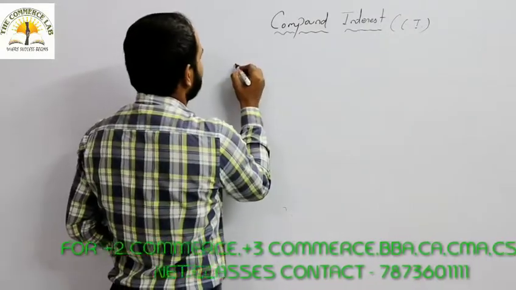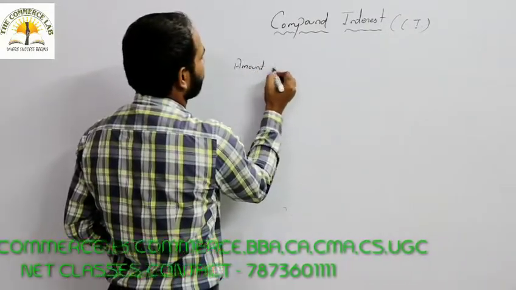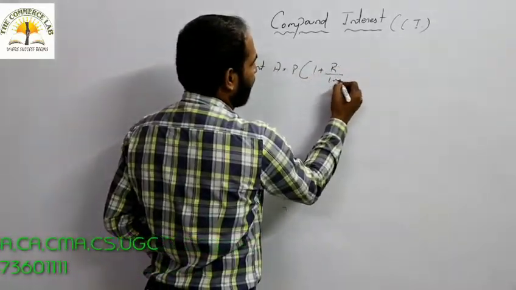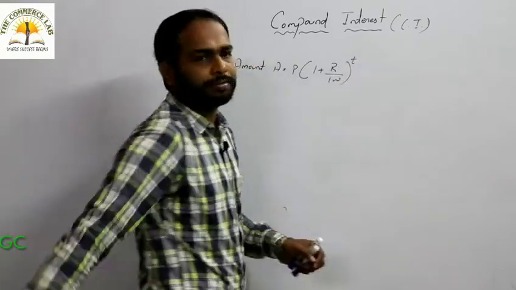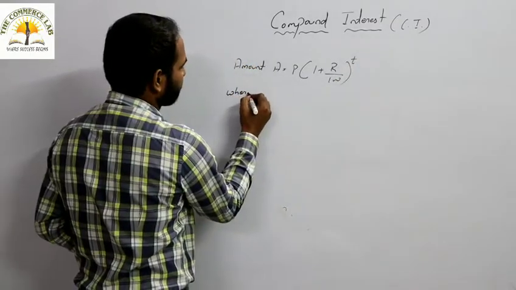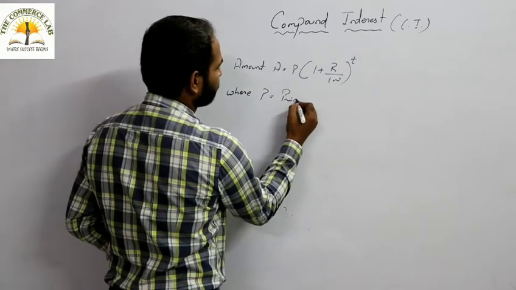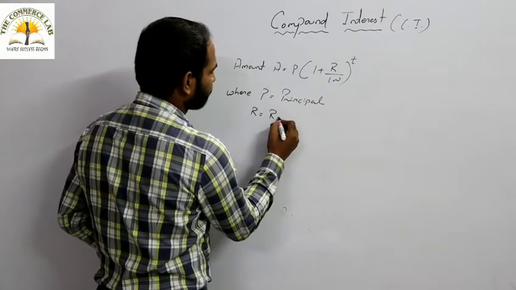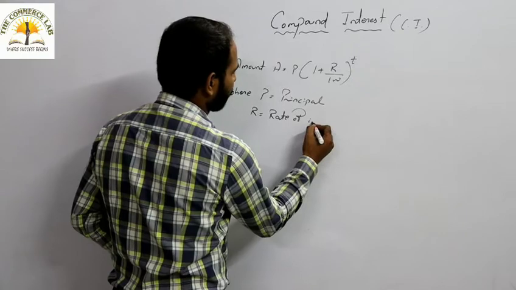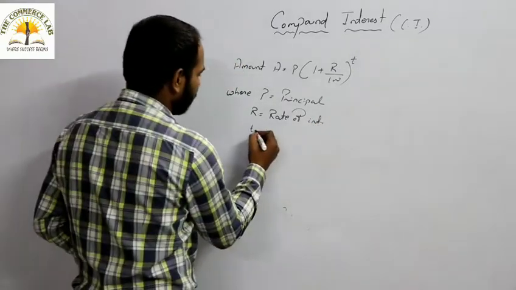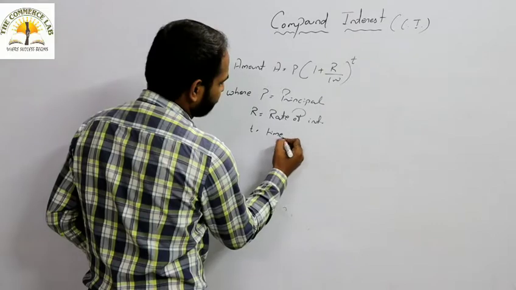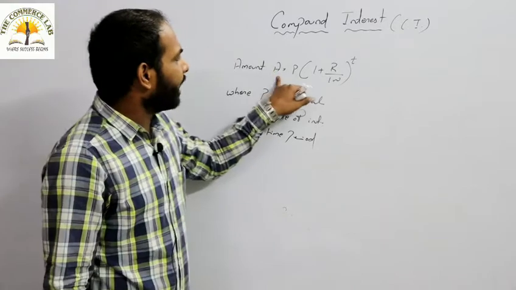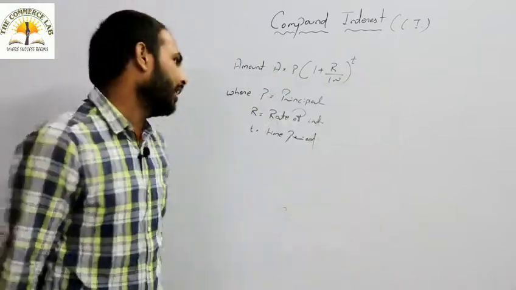In CI, amount A equal to P into 1 plus R by 100 to the power T, where P equal to principal, R equal to rate of interest, T equal to time period. So amount A equal to P into 1 plus R by 100 to the power T.